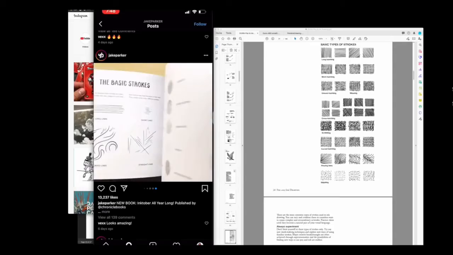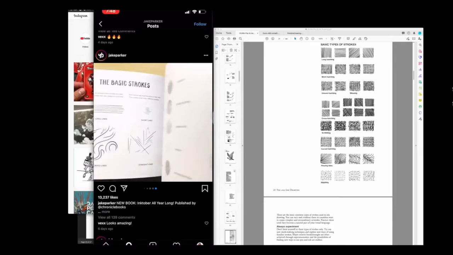He's sort of seeded that basically, you know, the standard type of stroke, these samples of hatching and cross hatching and such like would appear in lots of other books. So what are we talking about here? We can't be talking about the page design, but he uses the word format. So all I can think of is a title, The Basic Strokes versus Basic Types of Strokes, and then you've got some swatches.